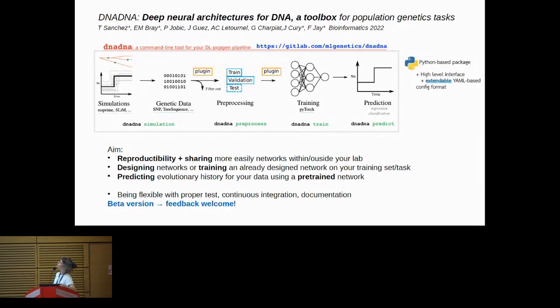So the goal of this software is really to push people to have more reproducible work, and they can share either pre-trained or untrained networks, and they can also use the tool to design new networks, but in a controlled environment.